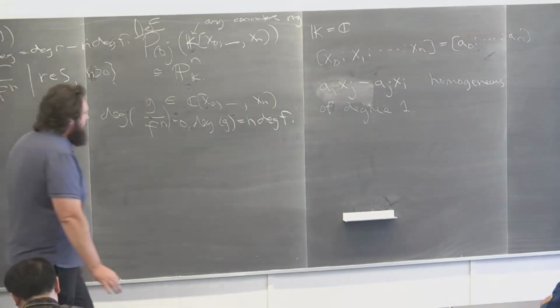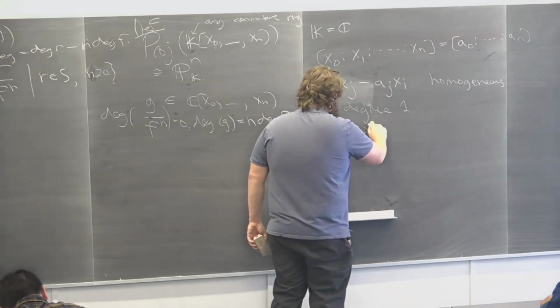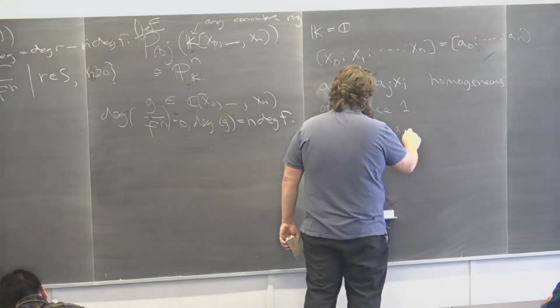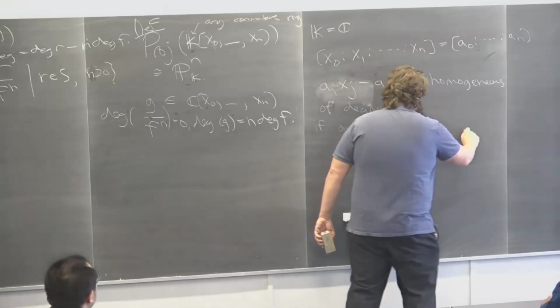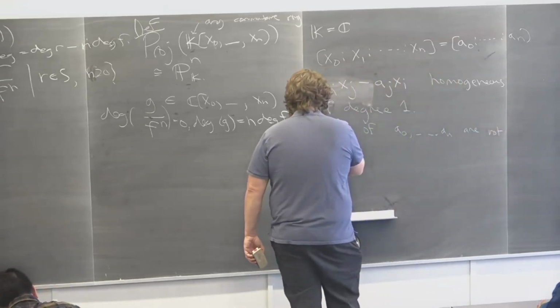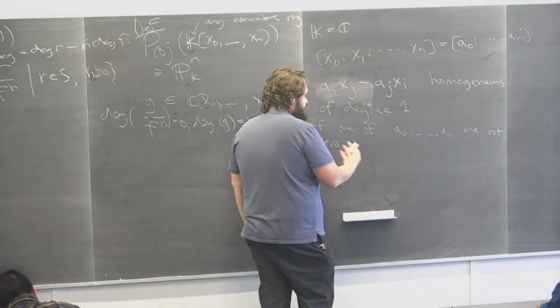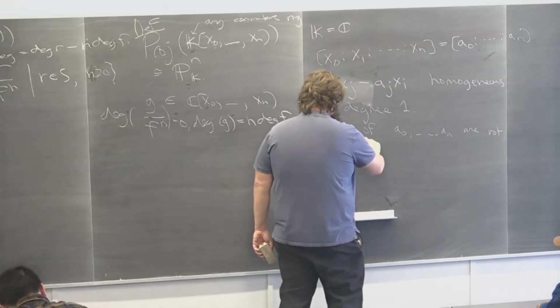All right, and if one of a0 up through an is not 0, then this defines a maximal homogeneous ideal.